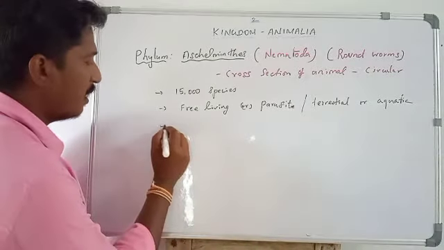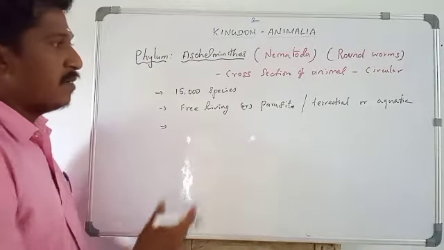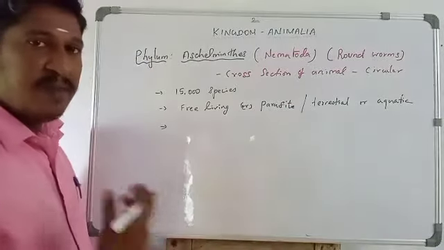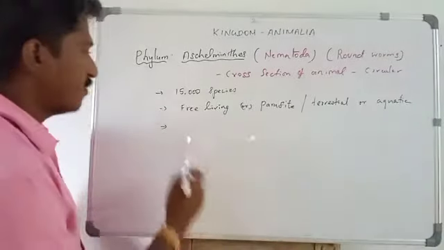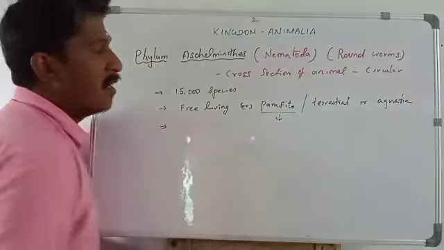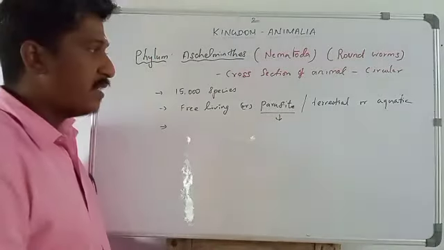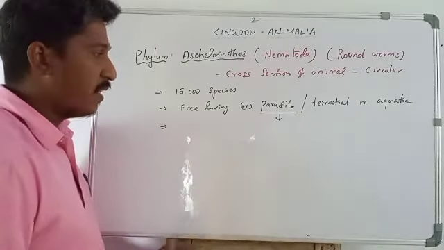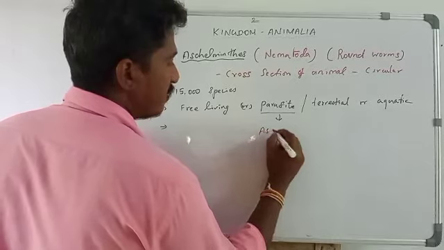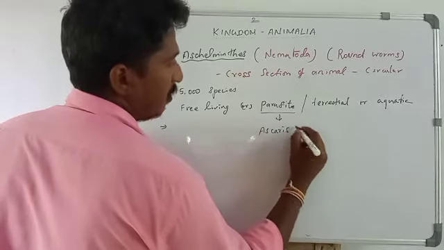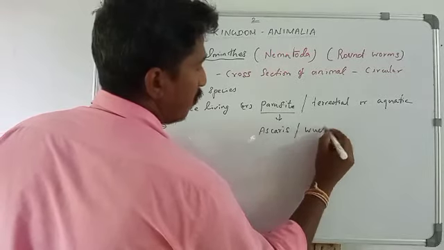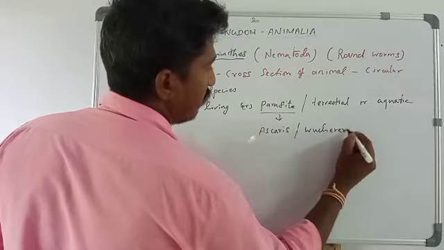Most of them are animal parasites. Mostly the parasites live in animals as endoparasites. For example, Ascaris and Wuchereria.